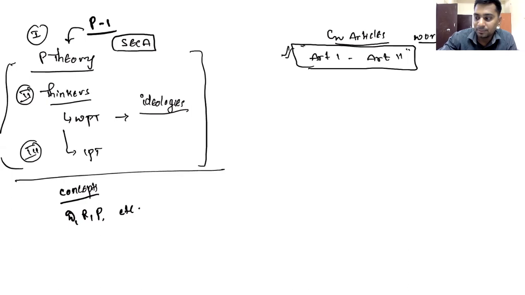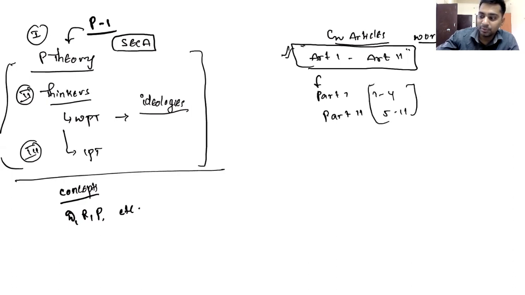This contains Part 1 and Part 2 of the Constitution. Part 1 is India and its Union. Part 2 is citizenship. Part 1 is articles 1 to 4, and articles 5 to 11 are in Part 2. So try to remember article 1 to article 11. This is your work for tomorrow, and this is what I am going to start with.